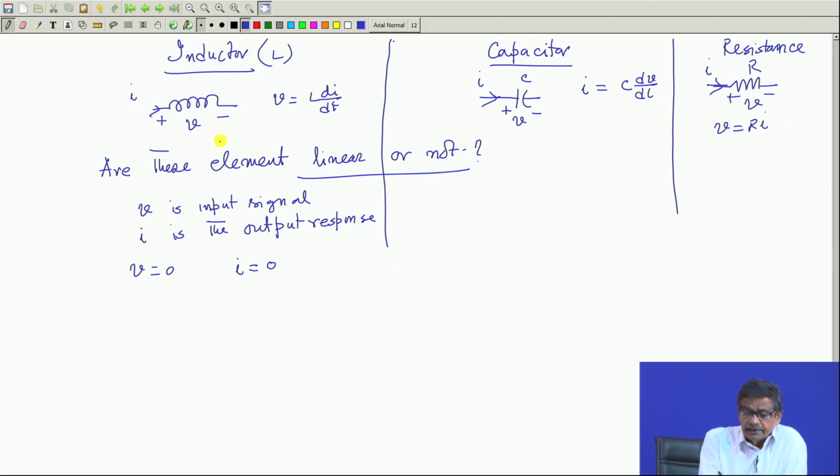An inductor can sustain current when it is kept short circuited without loss of any principle, is it not? If I is 5 ampere constant in an inductor, how can it be? If I say this is L and somebody draws a circuit like that with 5 ampere, is it possible?